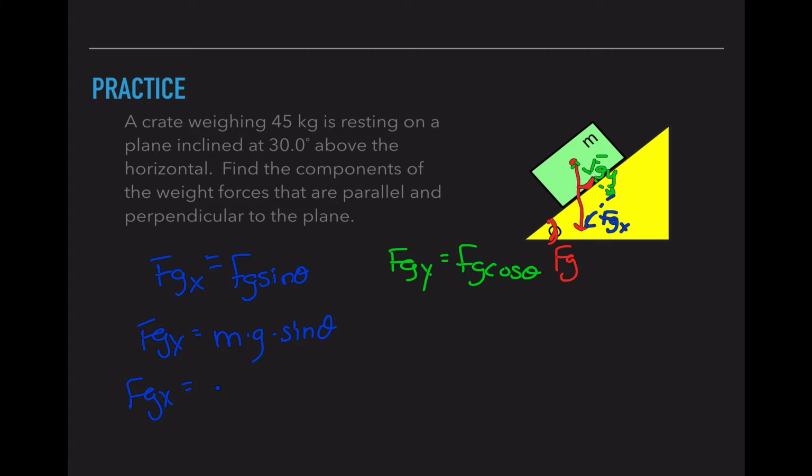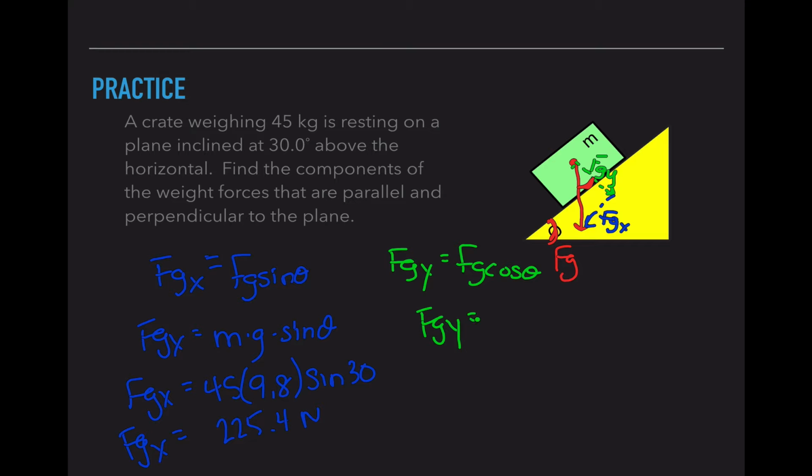FGX equals 45 times 9.8 times sine 30. FGX equals 225.4 newtons. I'm going to do the same thing with FGY.